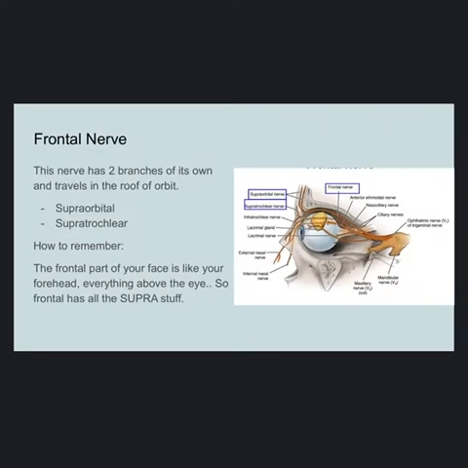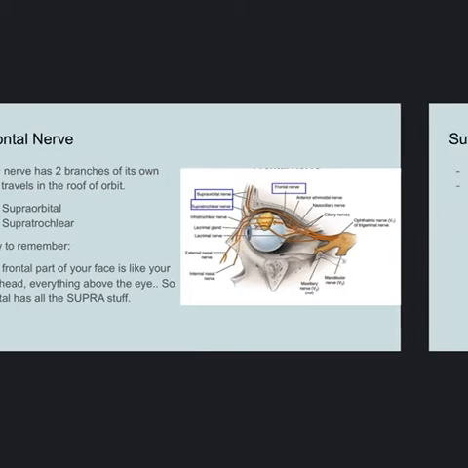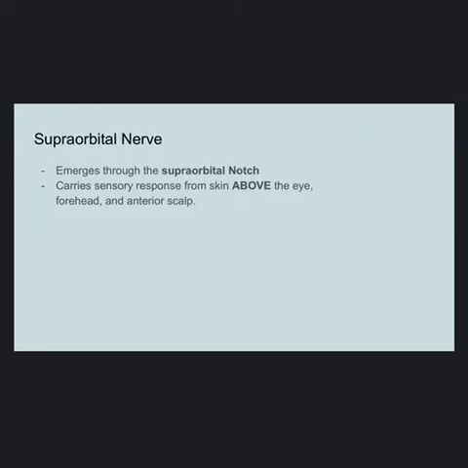So, the frontal nerve has two branches of its own, the supraorbital and the supratrochlear. The way that I remember it is when you look at the frontal part of the skull, it is the head, as in your forehead in that area, and so everything above the eye, basically. So frontal has all the supra nerves. The supraorbital nerve emerges through the supraorbital notch.